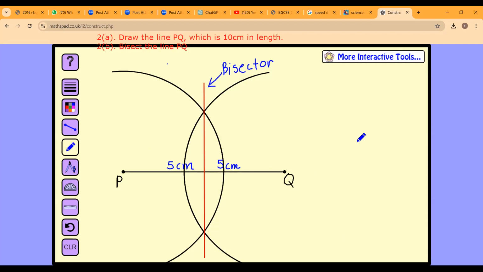And Malik, do you understand how we bisected it? Yes, sir, I do.